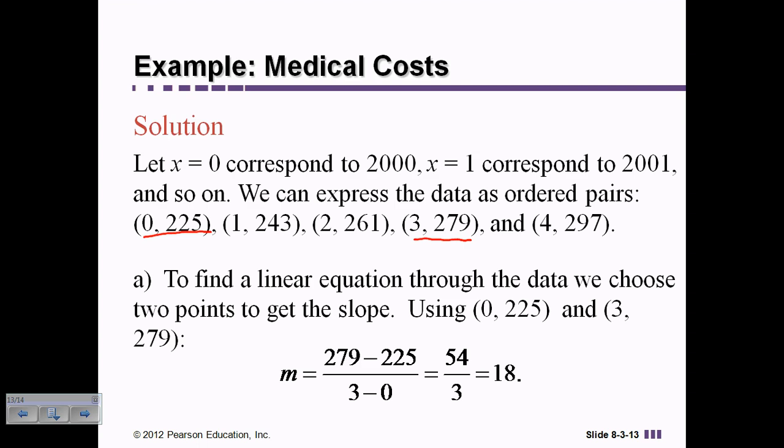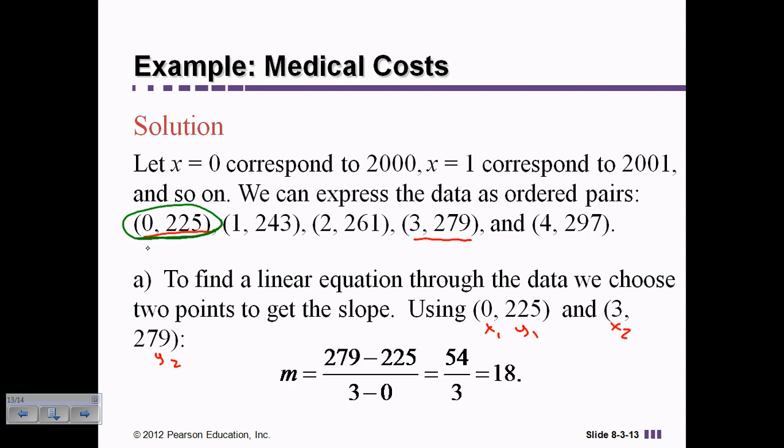So we're going to use our slope formula. This is x1, y1, x2, y2. We're going to plug it into our formula, and we end up with a slope of 18. And now using one of those 2 points, and what they recommended doing is that we already know our y-intercept.